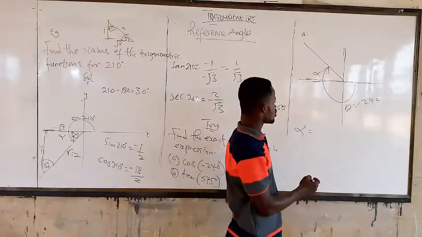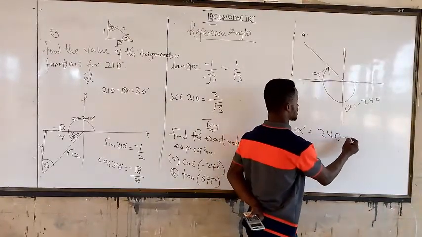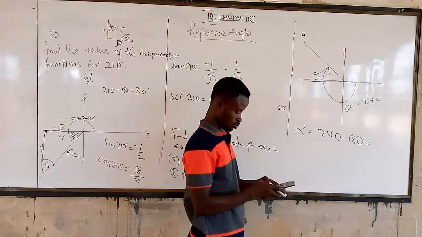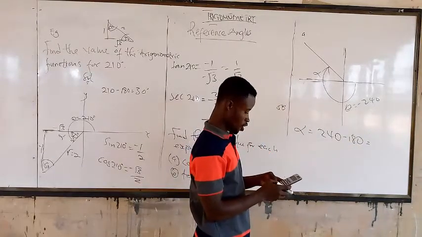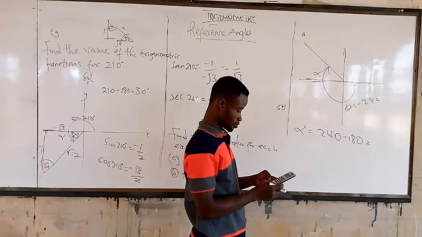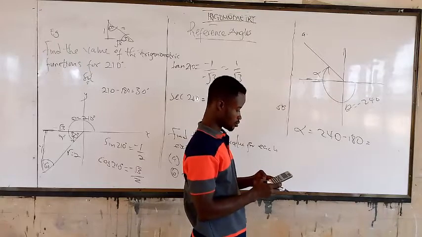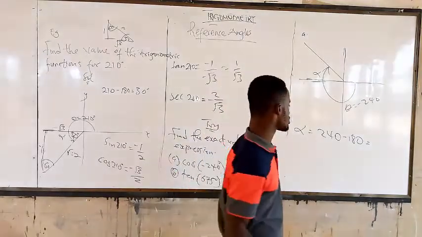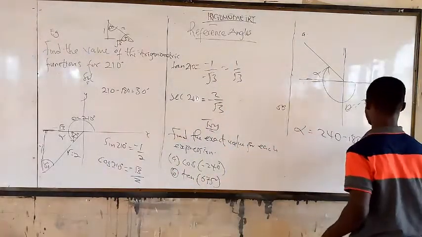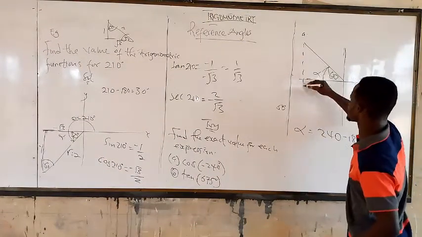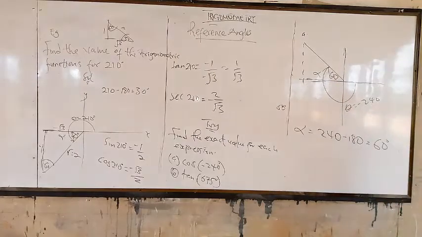Alright, so 240 minus 180. That is 60 degrees. So this reference angle to the x is going to be 60 degrees.